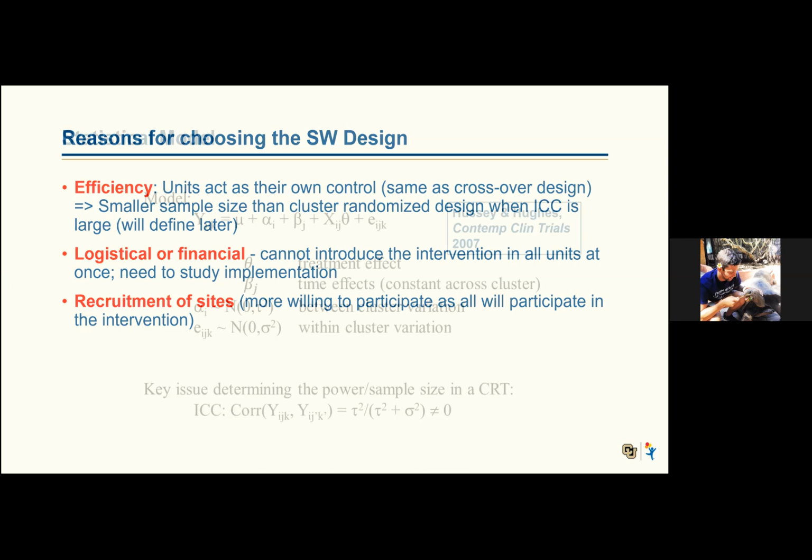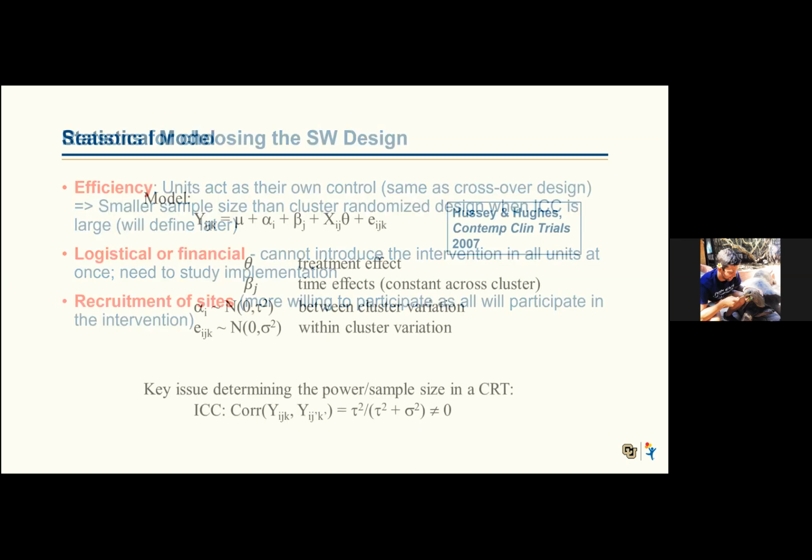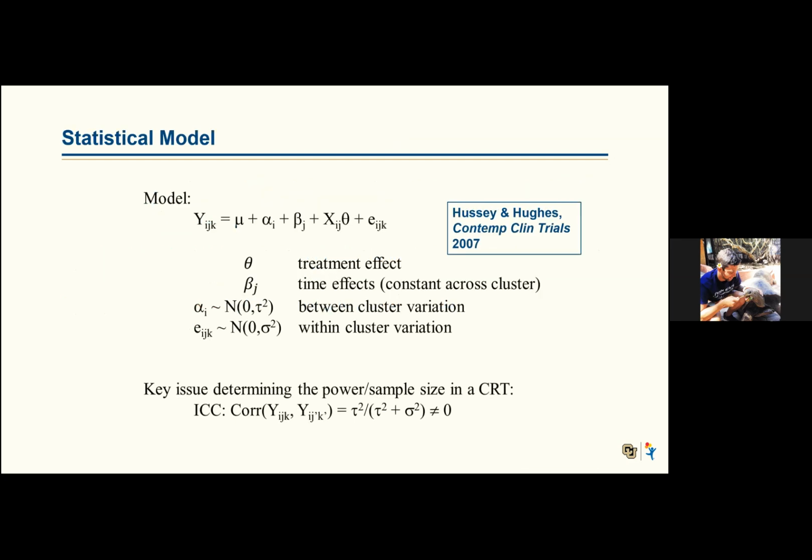So the most typical statistical model for these designs was documented by Hussey and Hughes in 2007. And it basically, the treatment effect theta is a fixed effect, and the Xij is 0 if you're in the control period, or 1 if a patient is recruited in the intervention period.